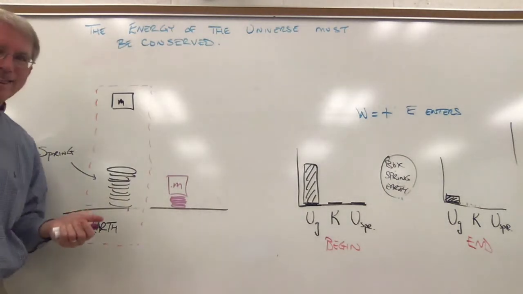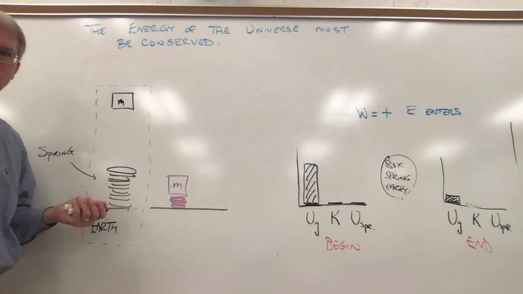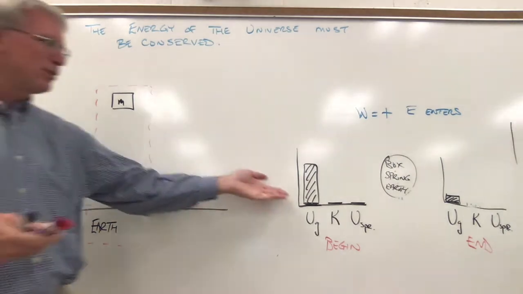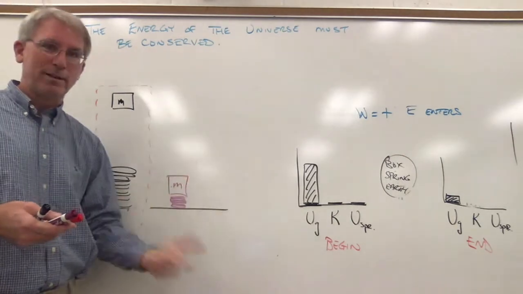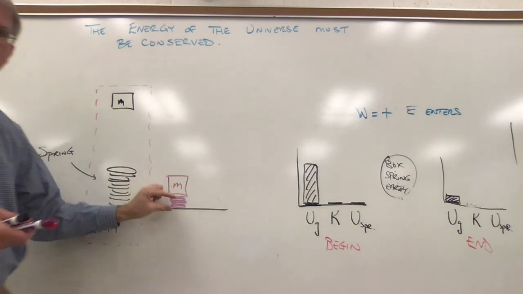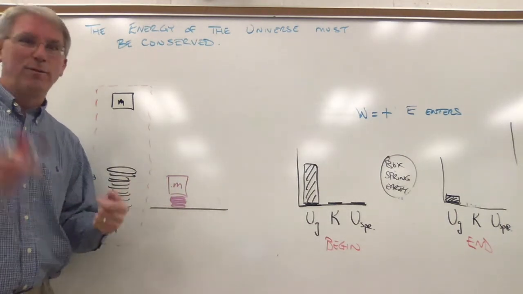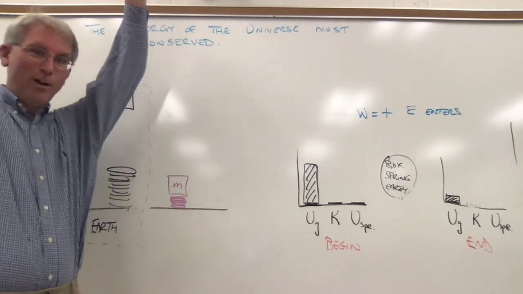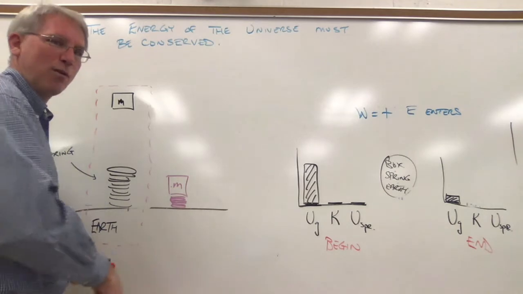But if we left it at that, then I'd have an issue. Like, where did all that initial potential energy go? I'm not allowed to get rid of it. I have to move it somewhere. Well, the spring is now compressed. And you remember in the last video I said, are you afraid of a hammer? No. Are you afraid of a hammer that's hung over your head? Ooh, that could be something. What about a hammer that I throw at you?